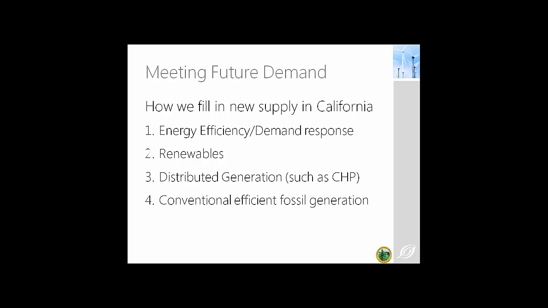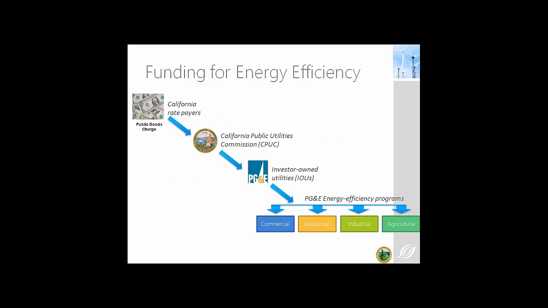This is the absolute cheapest way to provide energy to everybody that's going to be in California. Renewables is definitely the second best option. And then as a last resort, we would revert to conventional efficient fossil fuel generation. So that would be like natural gas or even nuclear power. That's not ideal.